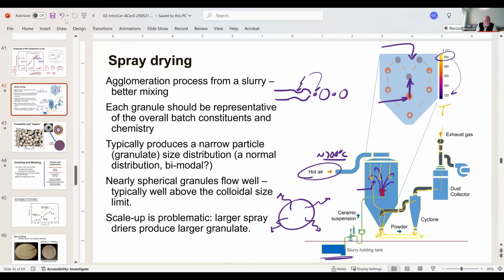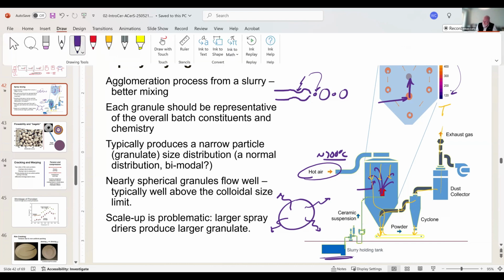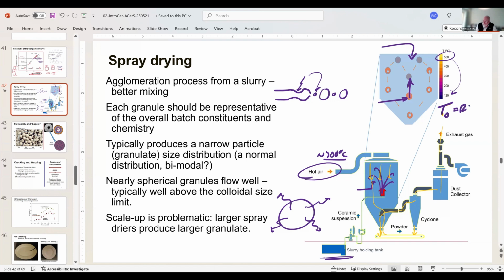Okay, so T outlet is a response, meaning that if I increase my slurry rate in, I get a lower T outlet. I also get more moisture content in the granule coming out. So I can control that process by my inlet temperature, T inlet, okay, and my T outlet. By comparing those two, I can control the moisture content in the spray dry granule.